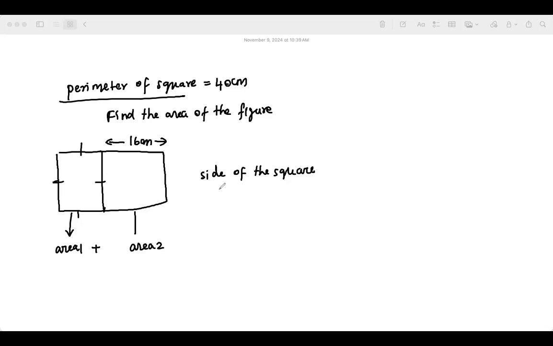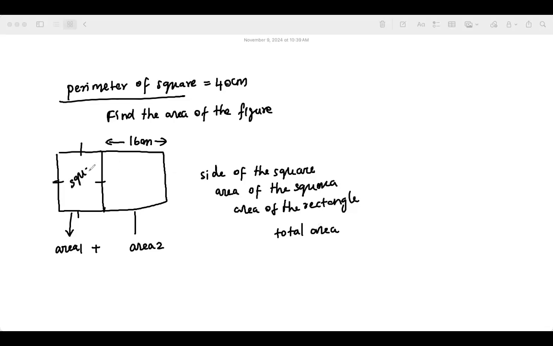And then you're going to tell me the area of the square, area of the rectangle, total area. All this you're going to say. Try.